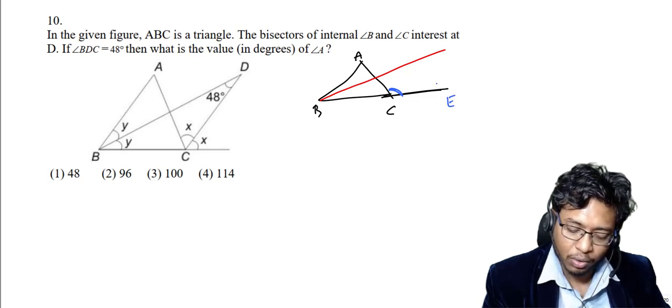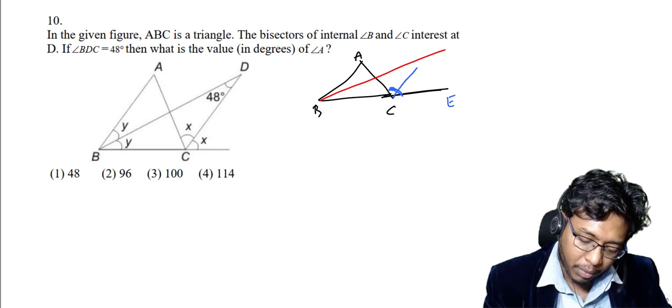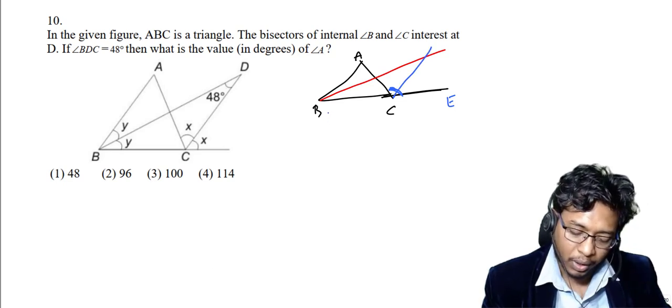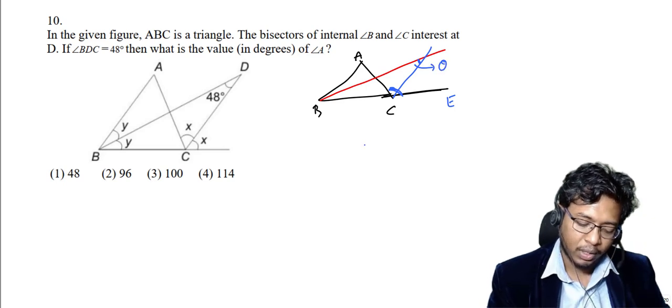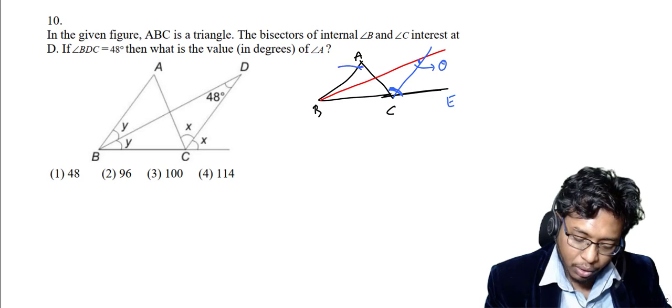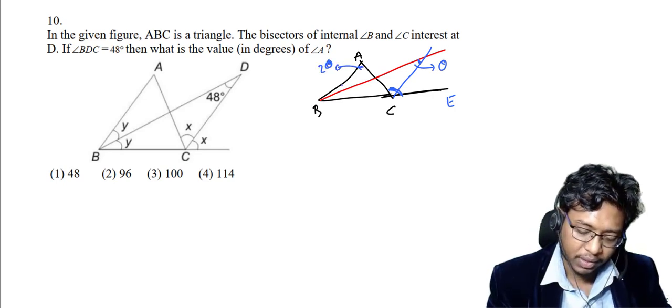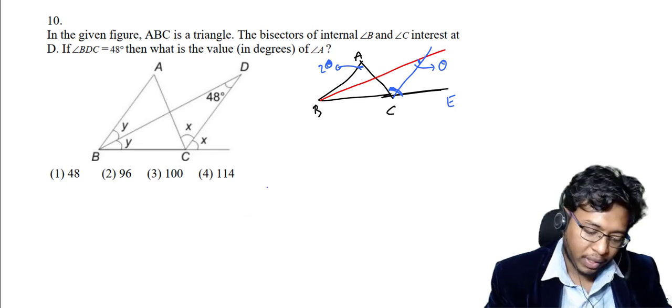ACE is called external angle of triangle ABC. External angle bisector, let me mark it with blue color. Now what I can say is, let this be theta. Now I can say this will be 2 theta, right? 2 theta directly you can say. That's it. Now let us prove this.